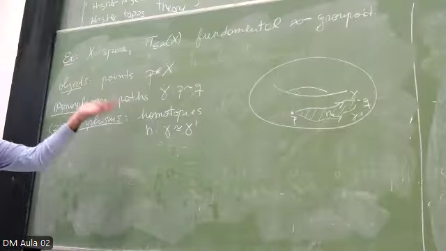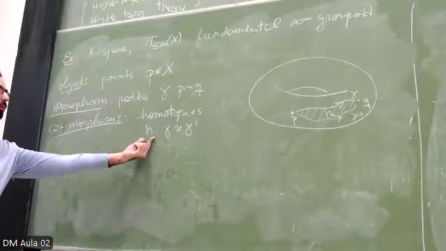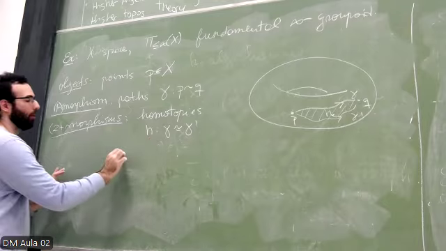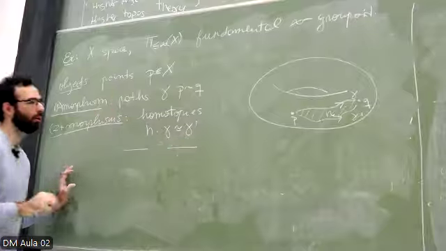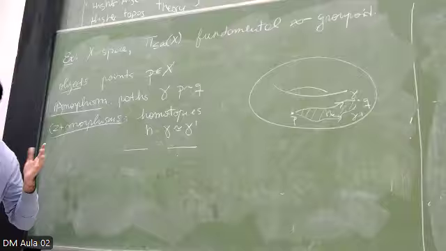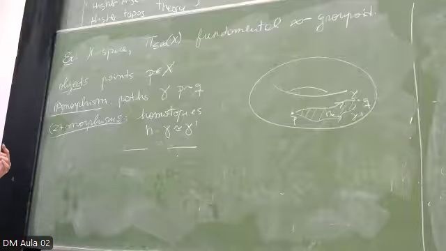Now you can go further. Three morphisms are homotopies between homotopies, and so on. But I want to stop here and emphasize that up to here, you already started to see this associativity and identity up to homotopy.